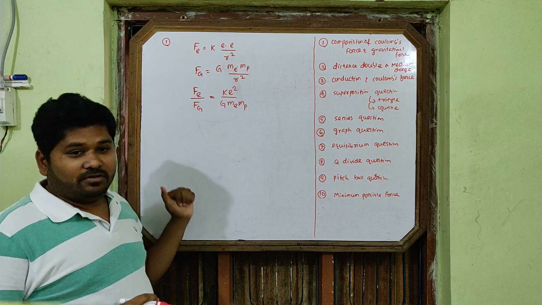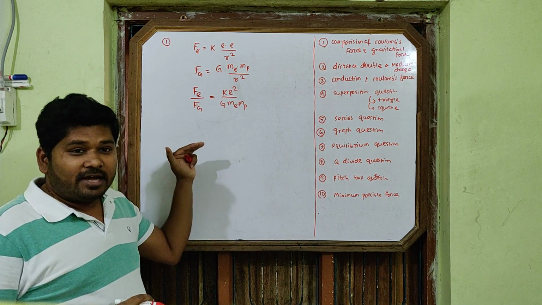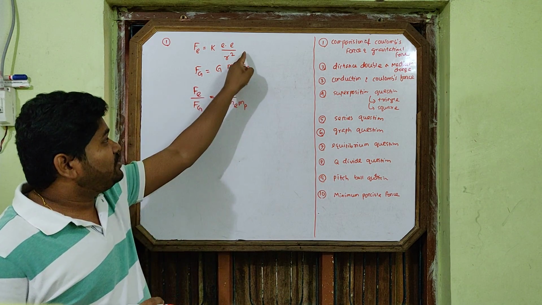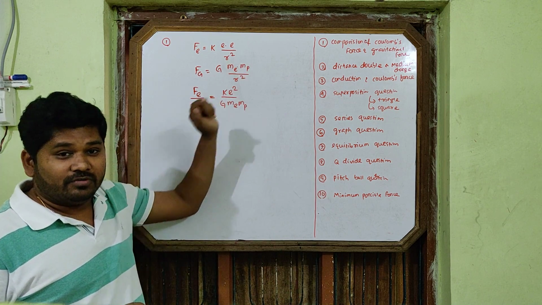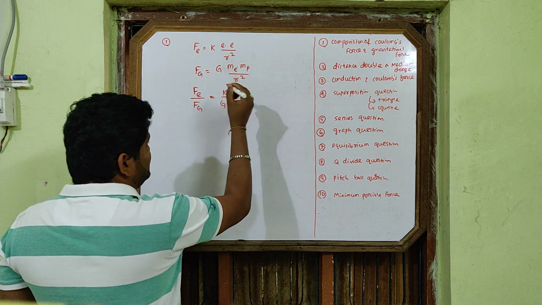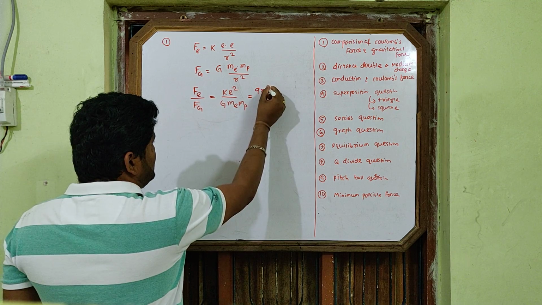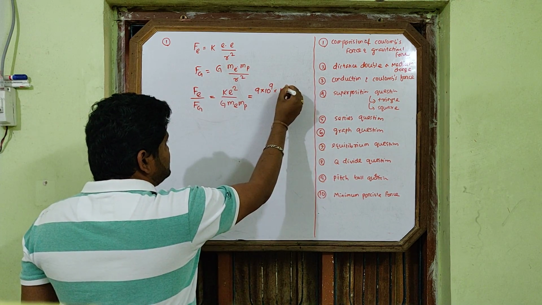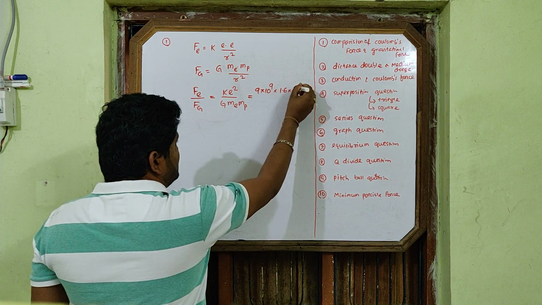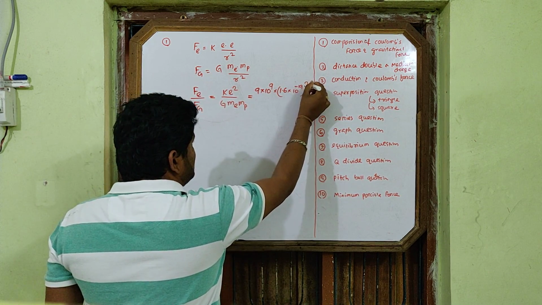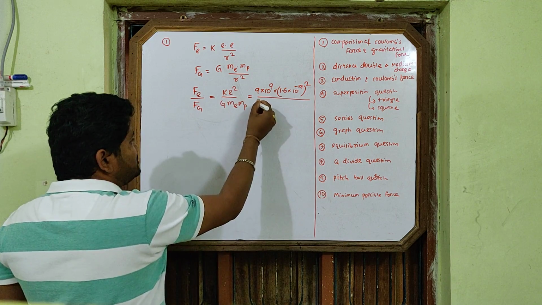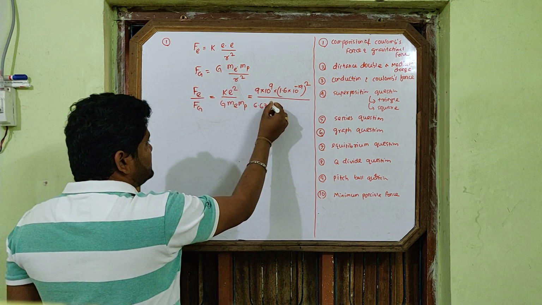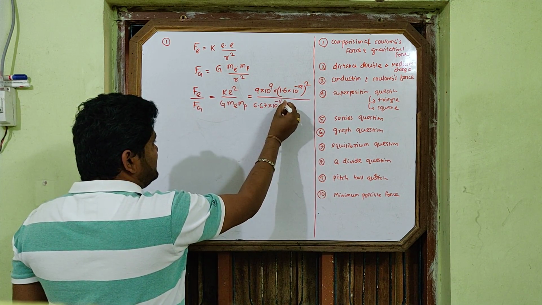Now you put the value, so your calculation will be less. Here don't put the value, calculation will be more. Now you can put the value here: 9 into 10 to the power 9, K you know, and 1.6 into 10 to the power minus 19, squared. Then the value of G you know, 6.67 into 10 to the power minus 11.